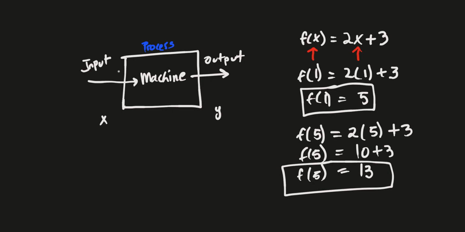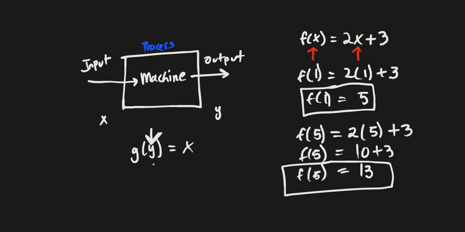You have an input, and that's the x value, and you have an output. It doesn't have to be the x value. You can have functions defined in another way. For example, you can have a function defined like this: g of y is equal to y plus 4, or something like this. In this case, the input is y, and then we're going to have an output, which is going to be the x terms.